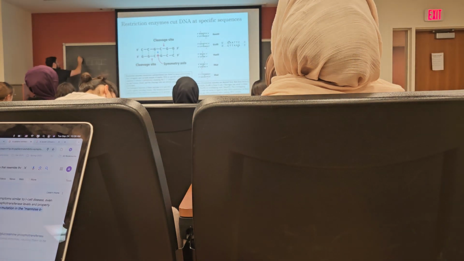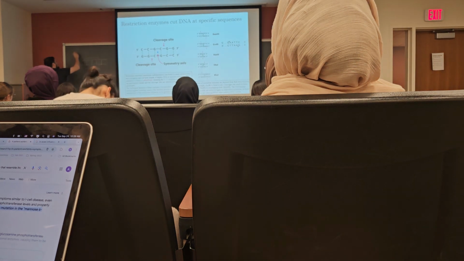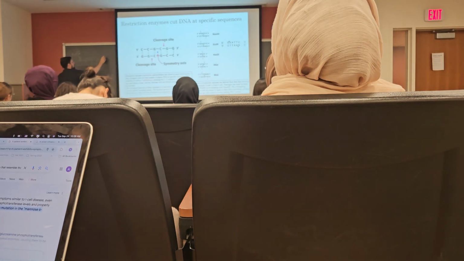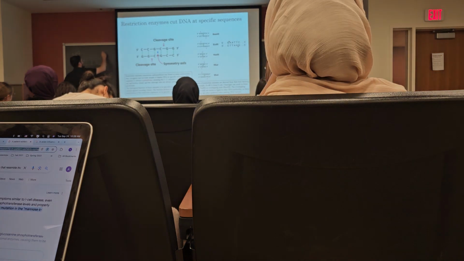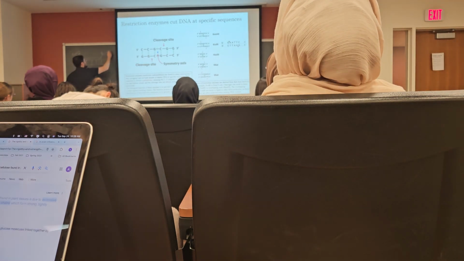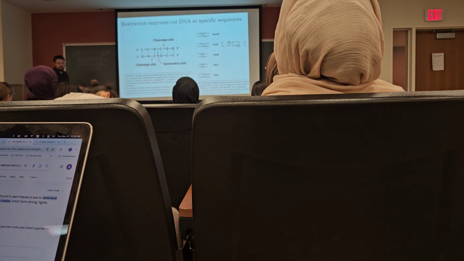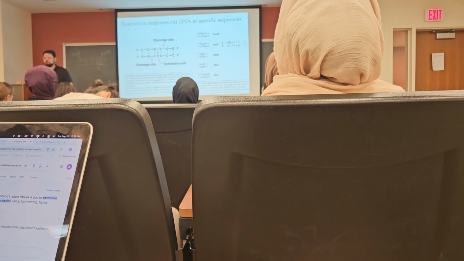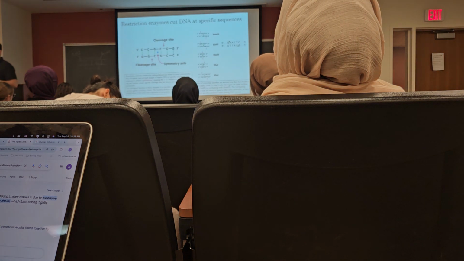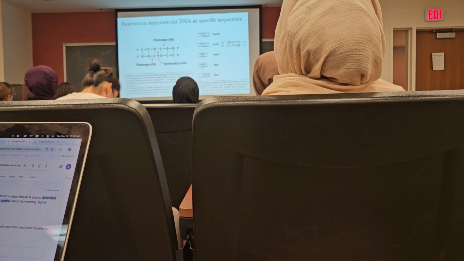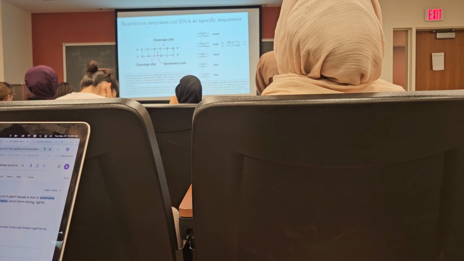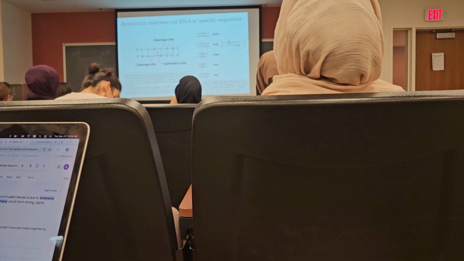Well, if there's an EcoRI site over here, and maybe a BamHI site over here, we can cut with EcoRI, we can cut with BamHI, and now we have excised that region of DNA that we're trying to work with. So we can manipulate the DNA in this way. We can cut it out, and now we can do something useful with it. What we can do with it, we'll see in just a minute here.